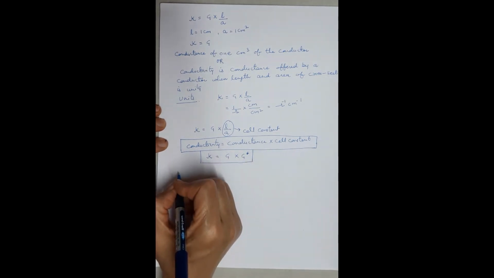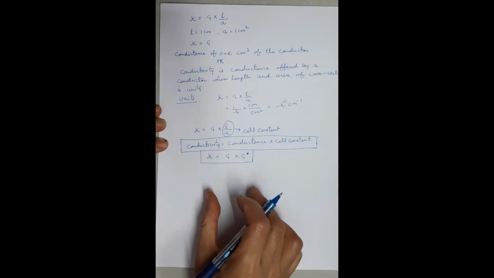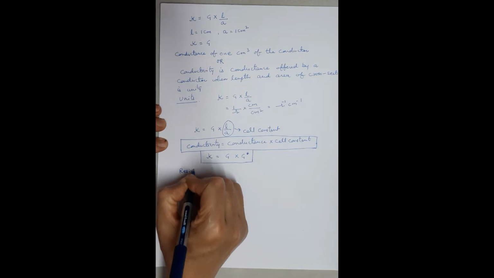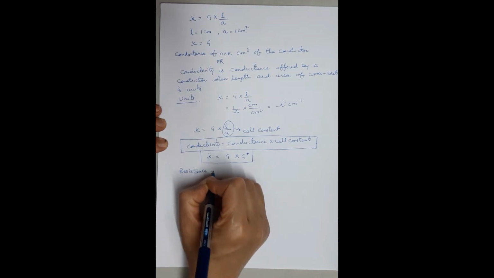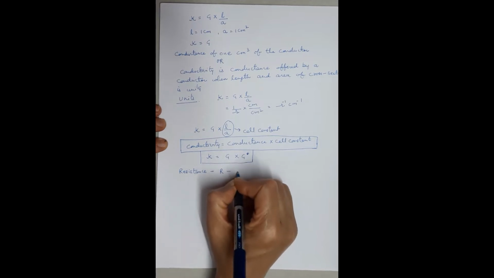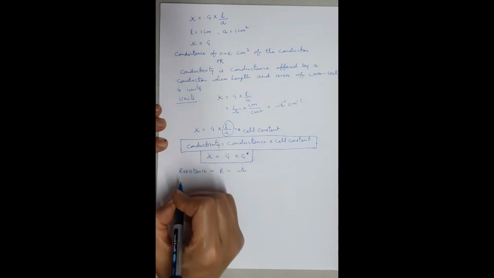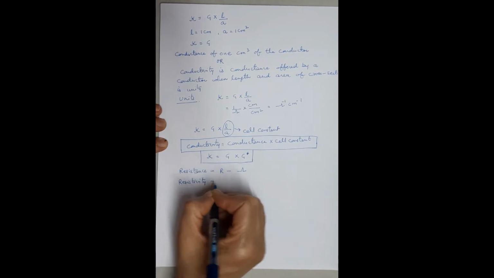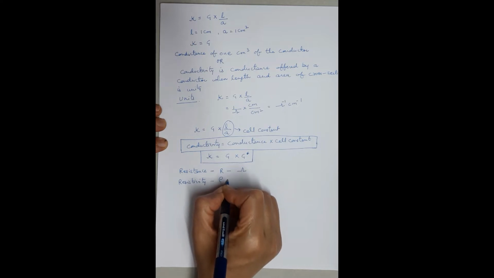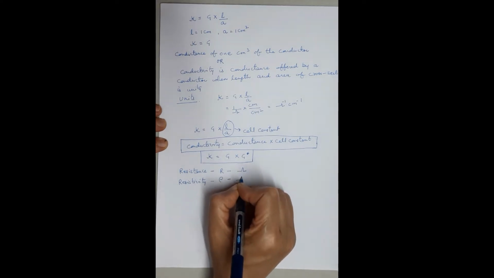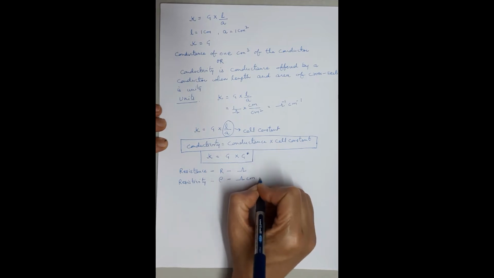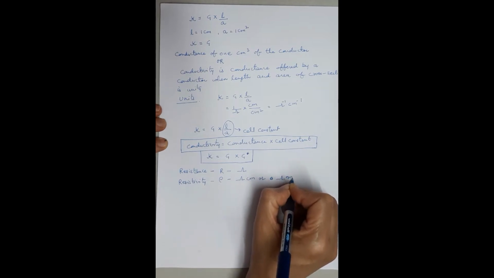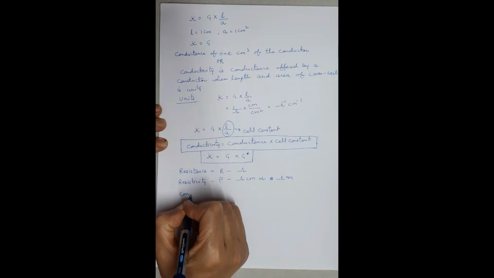Beta, let me revise what we have done, because it is very important to learn the symbols as well as their units. One we have done is resistance. Resistance is written by R and its unit is ohm. Then we have done resistivity, which is represented by rho and its units are ohm centimeter or ohm meter. Then we have done conductance.